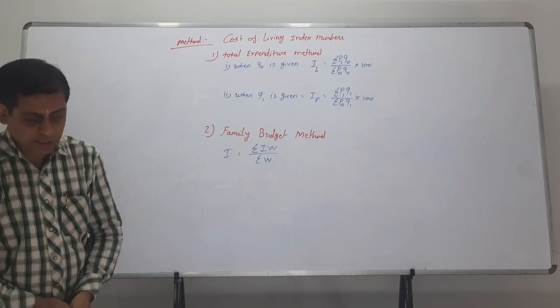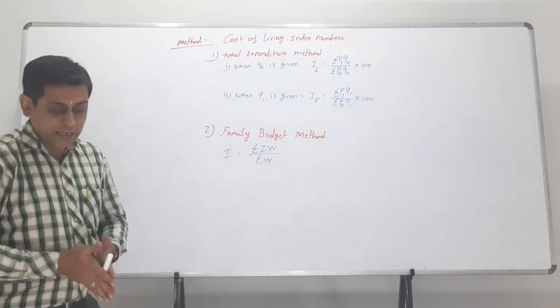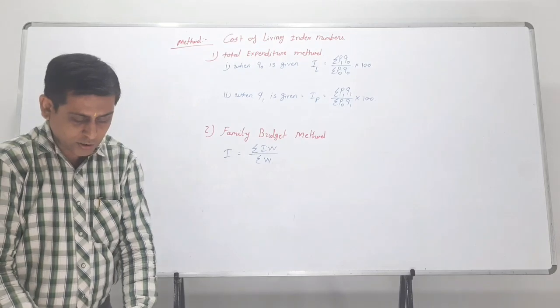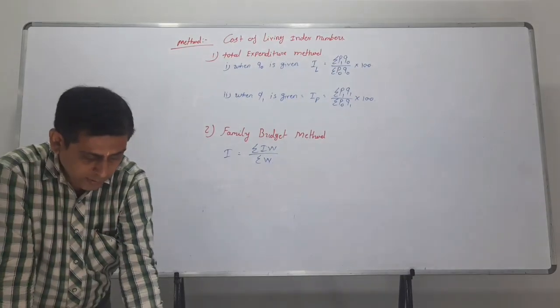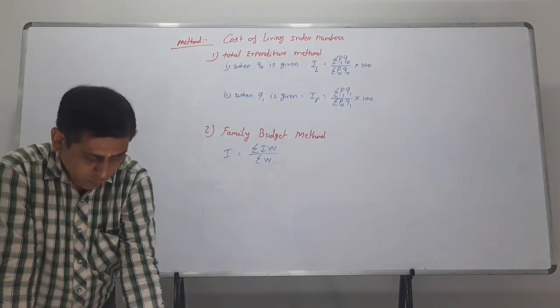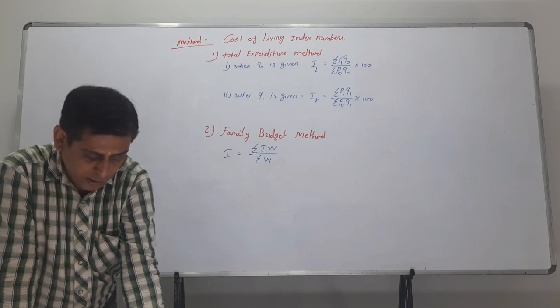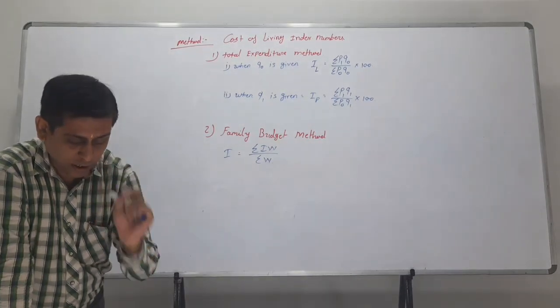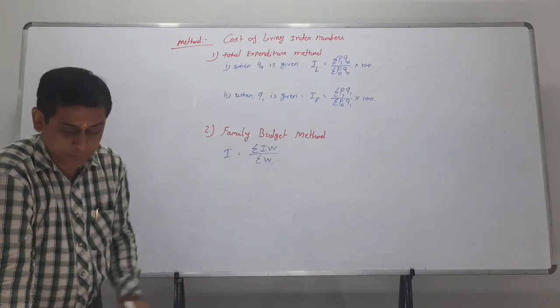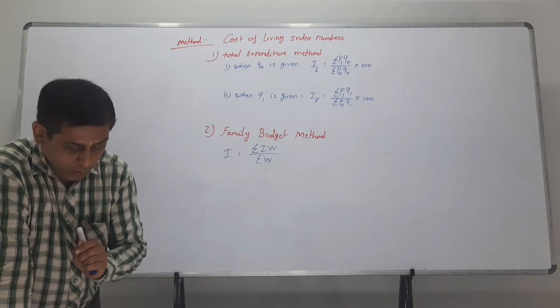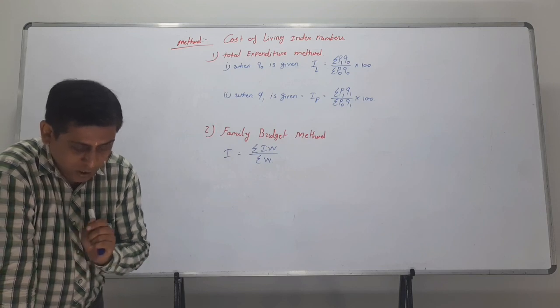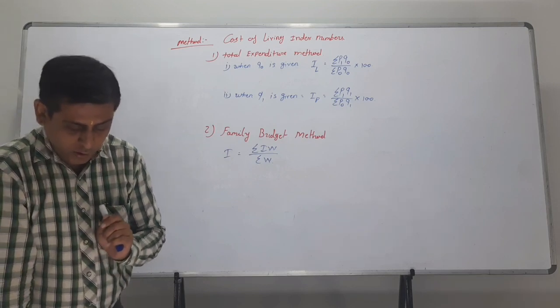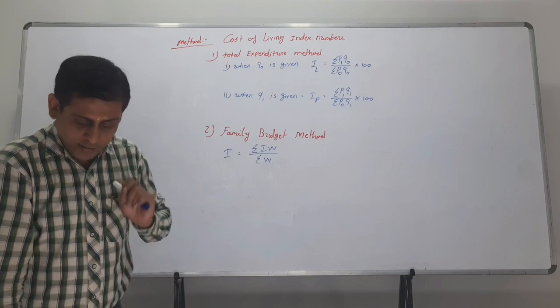And now see, we are starting with our next illustration, that is illustration number 17. Find the cost of living index number by the family budget method. See, underline that word, family budget method. We have to use this one. From the following information about the index number of the different groups of items for living and their weights.